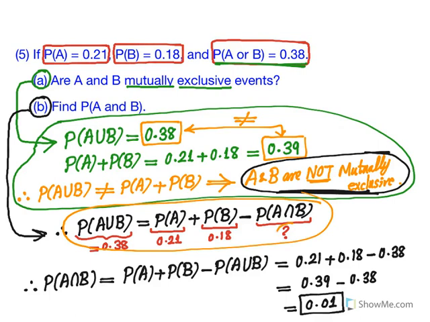You just need to find the question mark here. Find it in any way you like. But at the end, what matters is that we found that the probability of A and B is equal to 0.01, which is 1%.